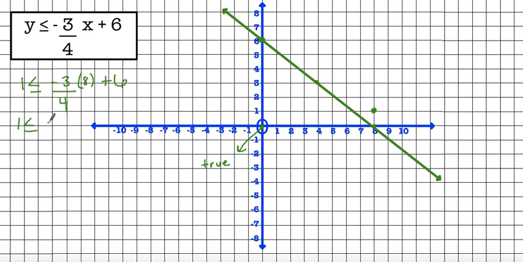Negative 3 times 8 is negative 24/4 plus 6. So here we have negative 24/4 is negative 6 plus 6. So 1 is less than or equal to 0. So 1 is not less than or equal to 0, so this is not true.